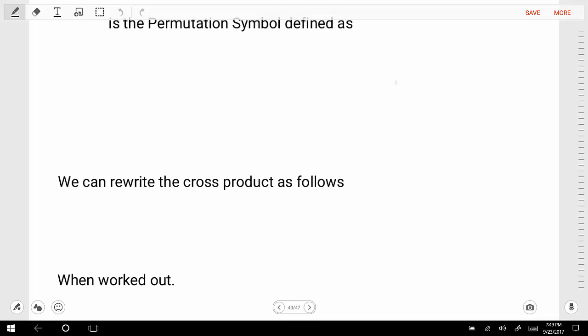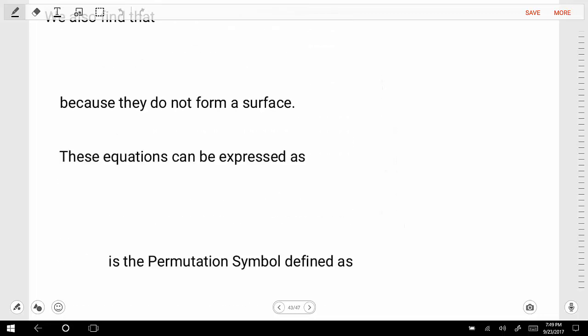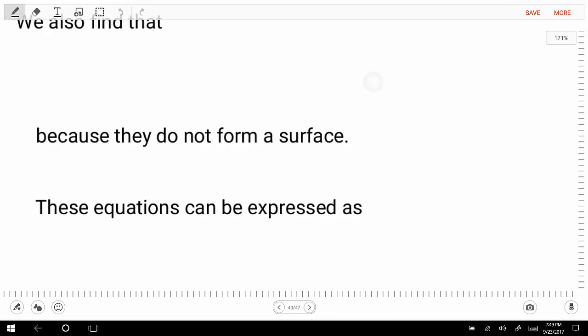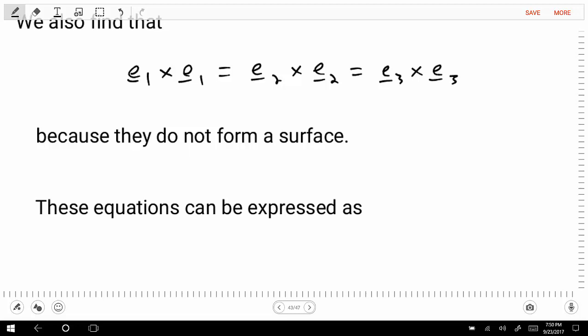Now another set of expressions we find is that the cross product of base vector 1 with itself, the cross product of 2 with itself, and the cross product of 3 with itself are all equal to 0.